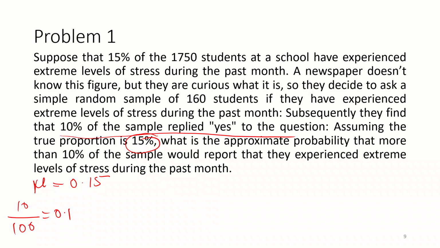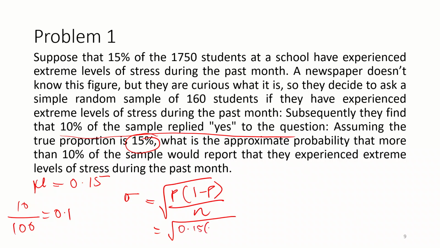For the calculation of sigma for proportions, this formula you might have seen: the square root of P(1 minus P) by N. We put in the values here. P is 0.15, 1 minus P is 1 minus 0.15, divided by 160 students.